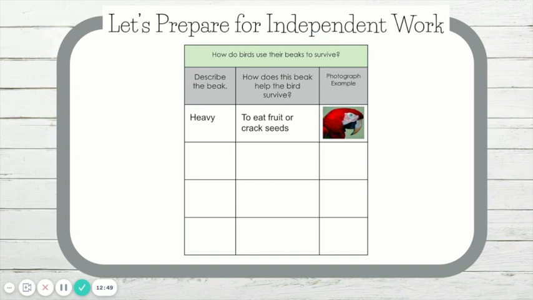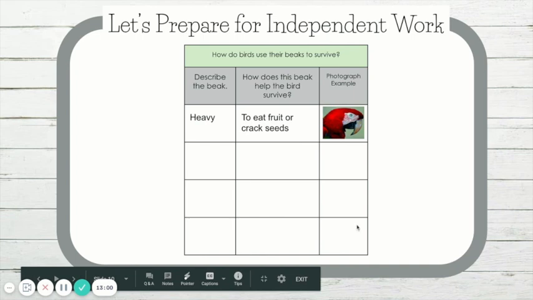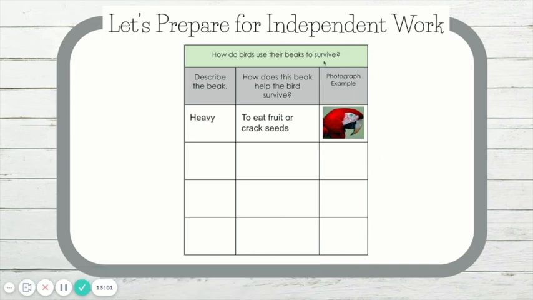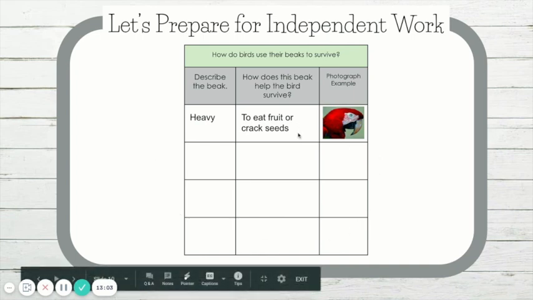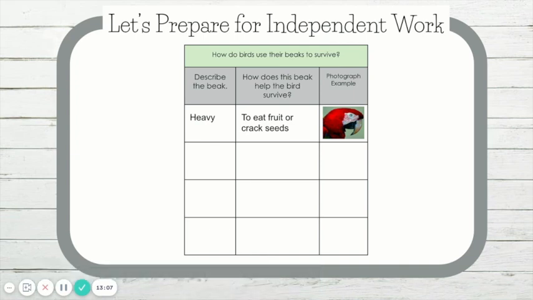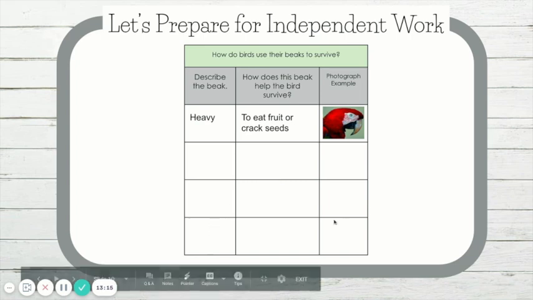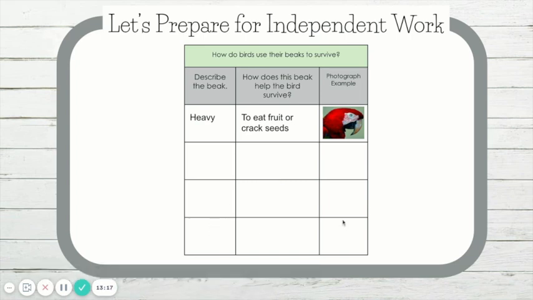Let's prepare for independent work. Looking back at this chart that we just discussed, you'll see that there's 3 rows that are open. 1, 2, and 3. While you don't have this at home, what you can do is listen to our text again, stopping along the way to think about how we would add the hummingbird, the eagle, and the woodpecker.